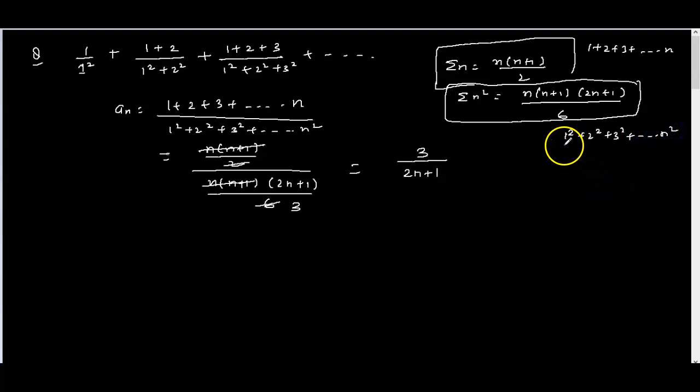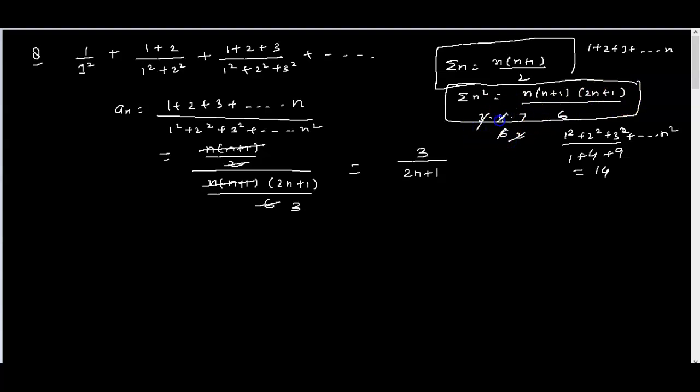If you want to add up to 3 terms, what is the value here? 3 square is 9, plus 4 plus 1, that should be 14, right? If n is equal to 3 and you put it in the formula, you will get 14 only. 3 times 4, and 3 times 2 plus 1 is 7, so 7 by 6.